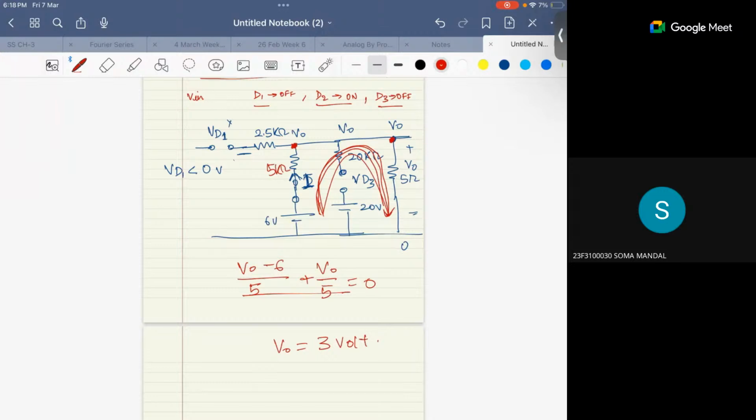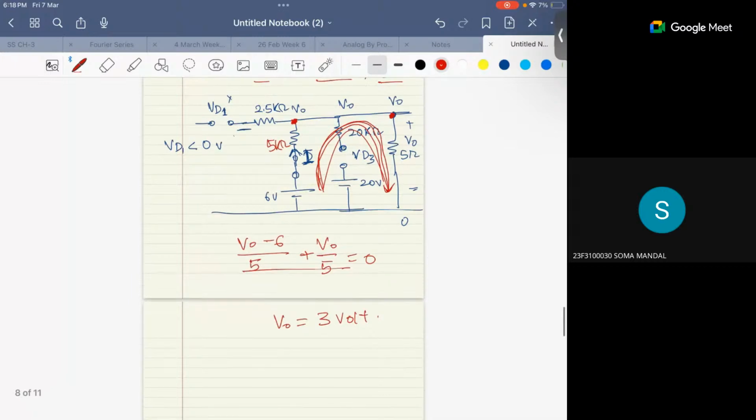If I have to write the VD1 in the form of the V input you have given, let's say V naught is coming out to be 3 volt, right? From here. Let's say this is some VD1.